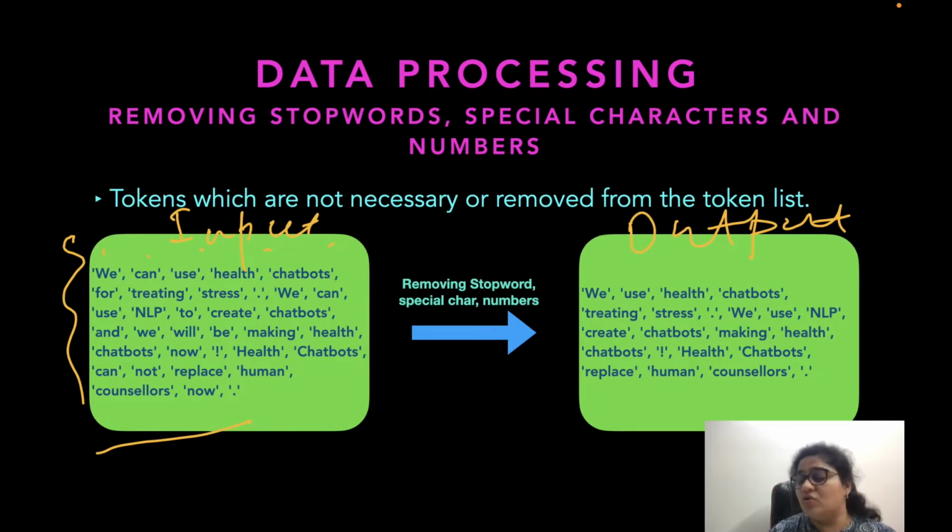After removing stopwords and special characters, what output do we get? We, use, health, chatbot. See, this 'can' is removed in this step. And 'for', can we see 'for' here? No. So 'for' is removed. That's how we reach this number of tokens after removing stopwords, special characters and numbers. Clear? We move from this slide.